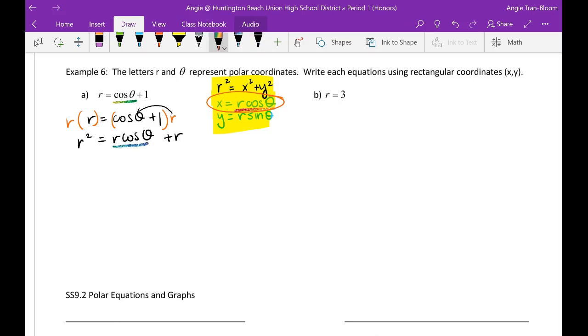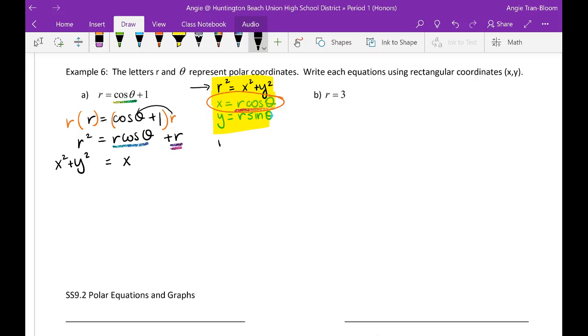Can you see that? This is right now x. Now r squared is also x squared plus y squared. Remember, we're trying to convert it into rectangular. That means only x's and y's are left behind. Now, this one says r is what I need to convert out.